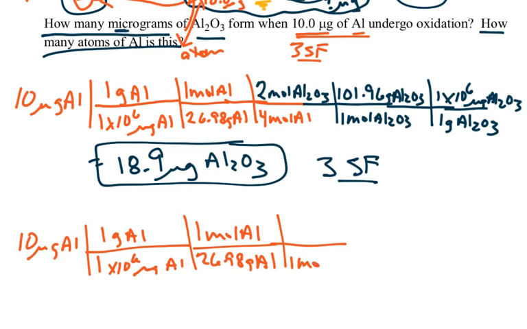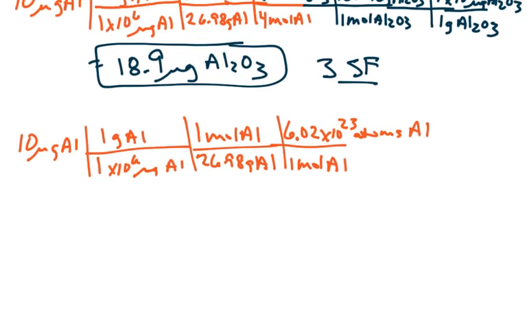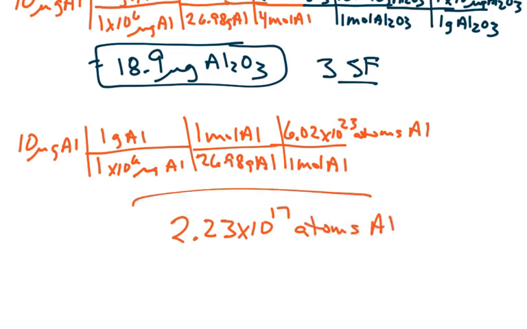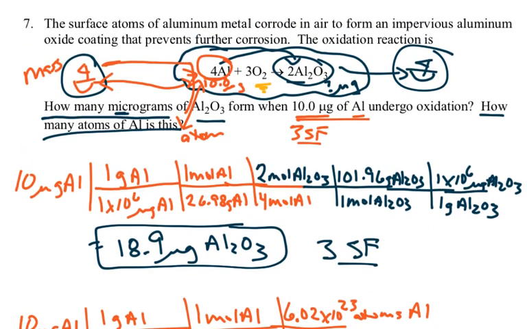For every mole of aluminum, there's 6.02 times 10 to the 23rd atoms of aluminum. Okay? So you put that all in your calculator, do the thing. So it's 2.23 times 10 to the 17 atoms of aluminum. Okay? So that's how much we have.